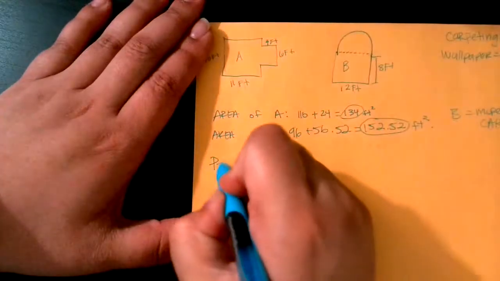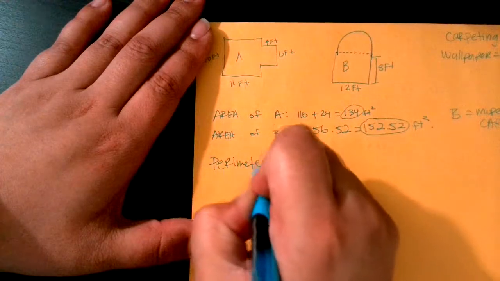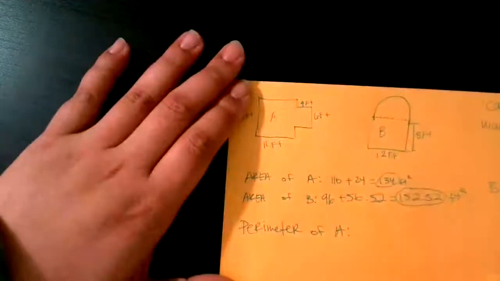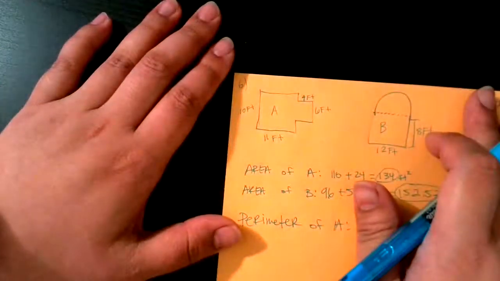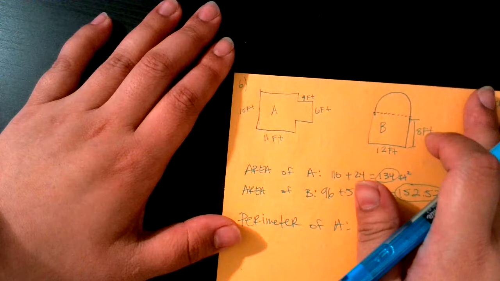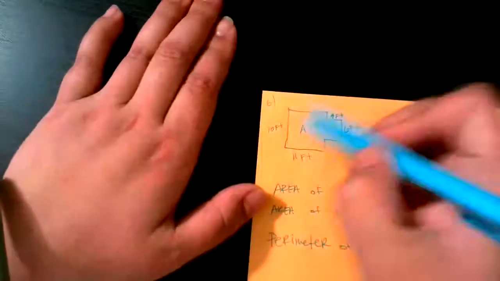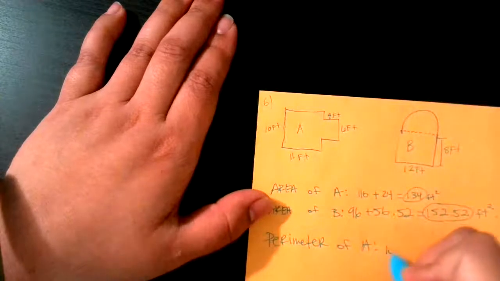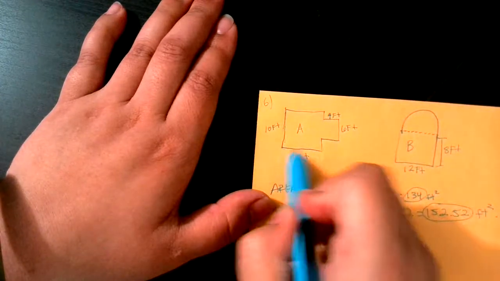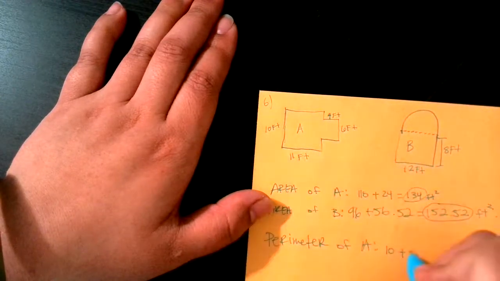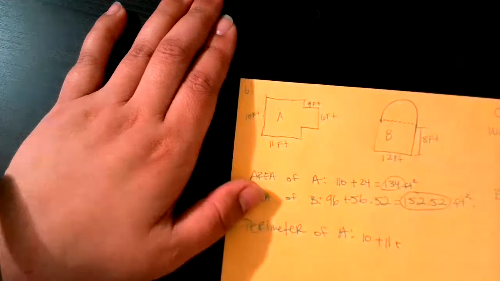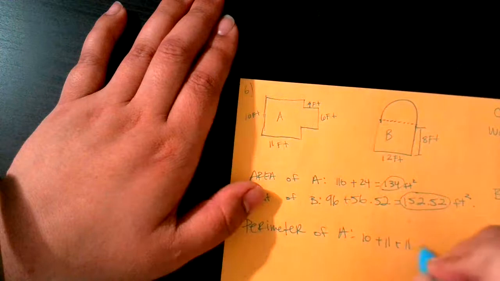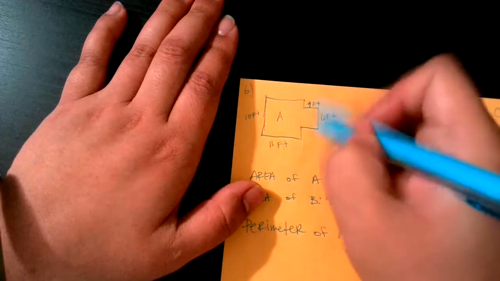All right. Now let's find who requires more wallpaper. So perimeter of A, right? This is fun. So we have 10 here. So let's do 10 plus 11 plus, let's do this other easy one, 11, right? And then when we get here, it gets a little funky.